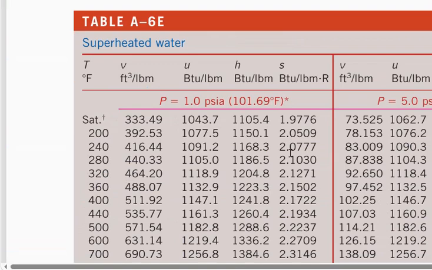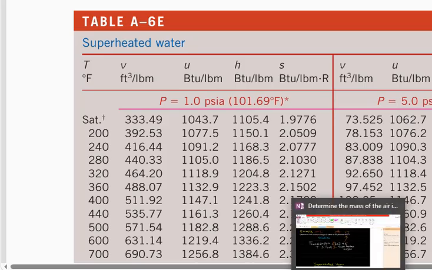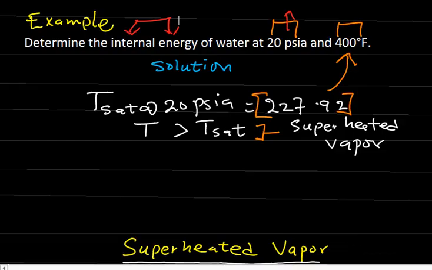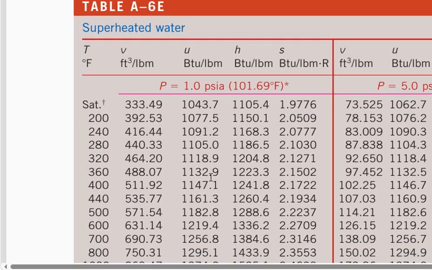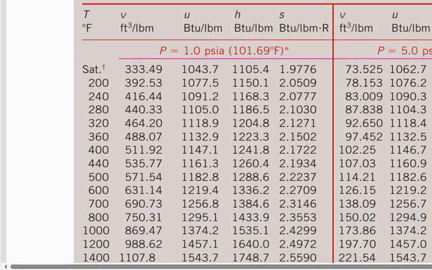So we are reading the temperature, which is 400 degrees Fahrenheit, and the pressure is 511.92.